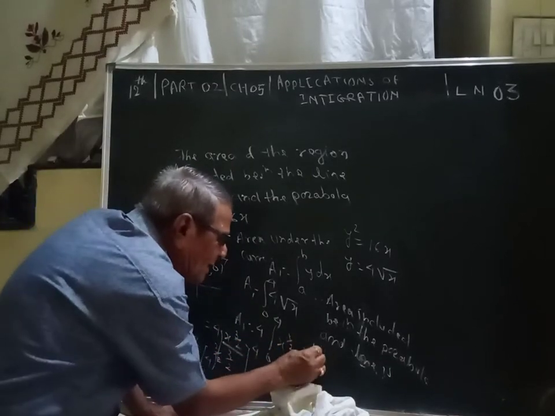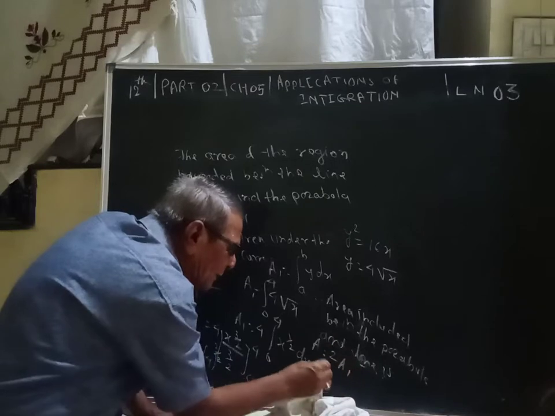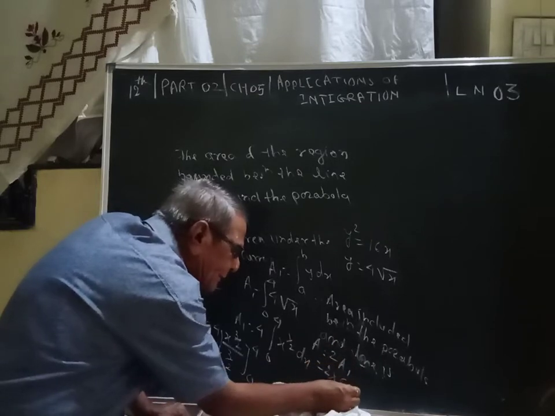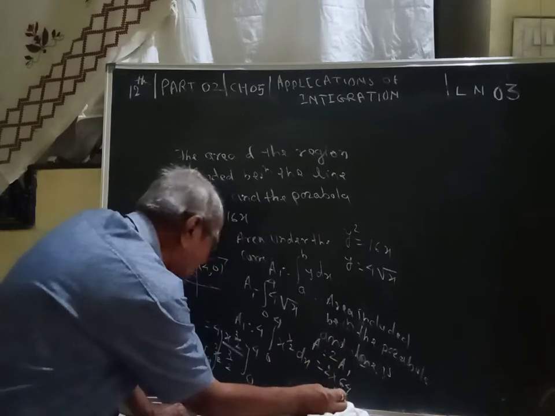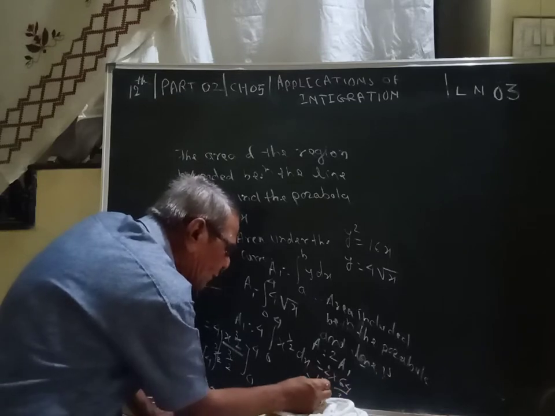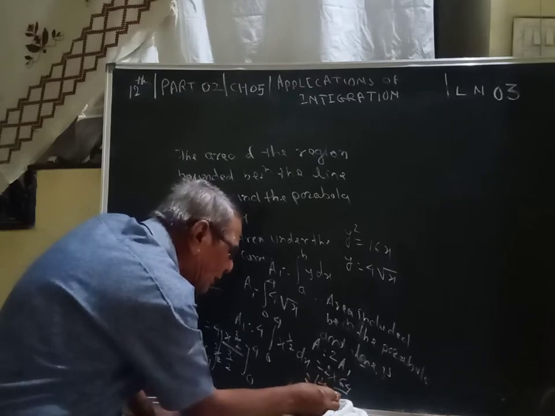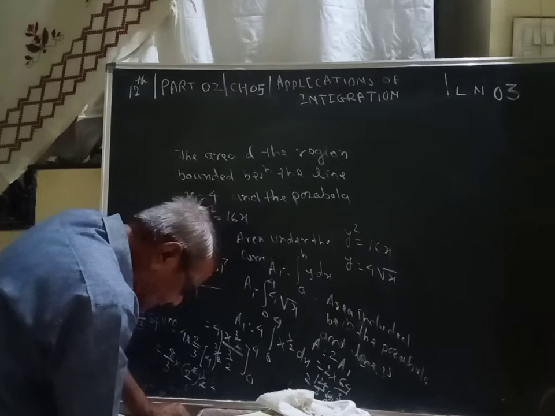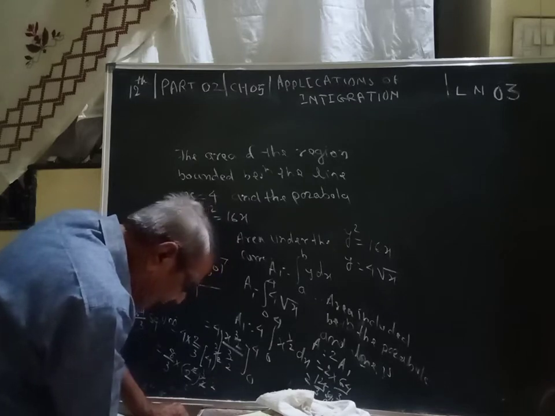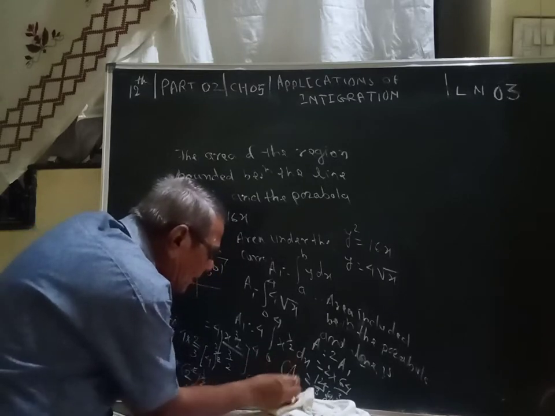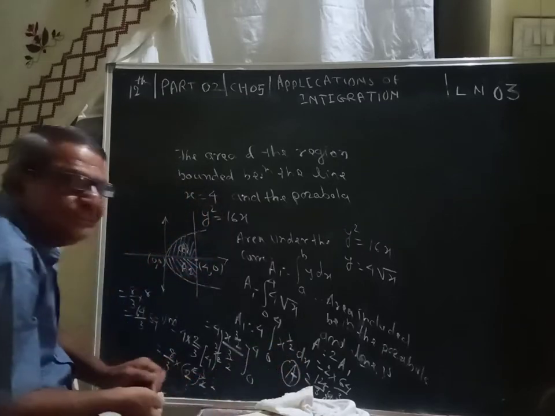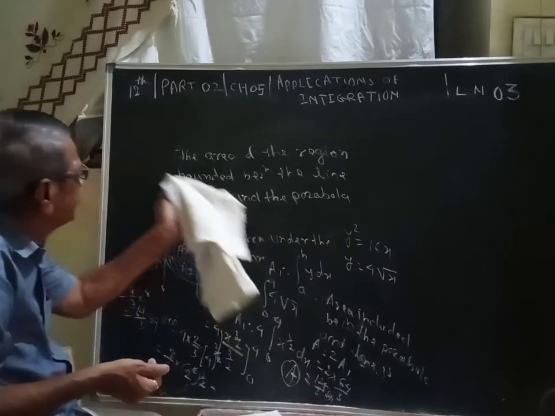So A is equal to twice A1. So 2 into 64 by 3. So it is 128 by 3 square units. The correct answer is A. A is the correct answer. Okay? Let us go to the next.